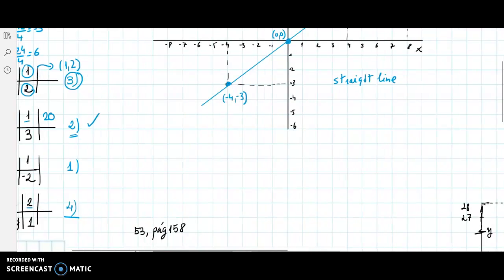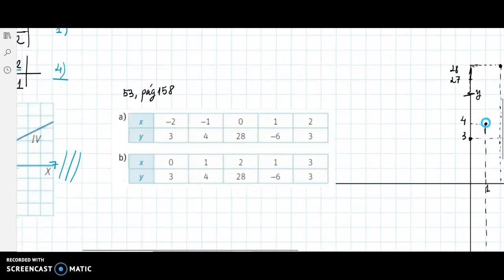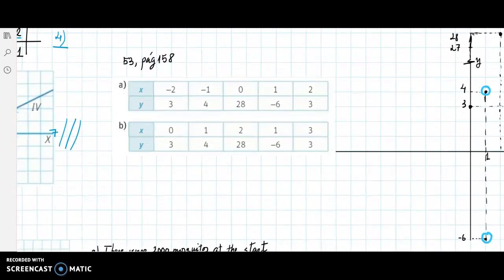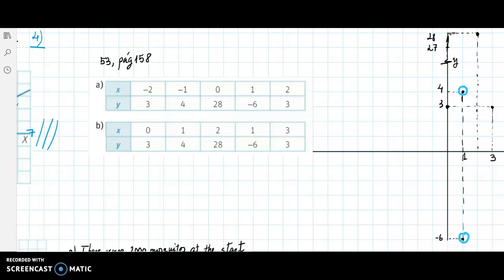We continue with exercise 53 on page 158. In this exercise, the question was if these two tables are functions. Well, we are going to observe the first table.